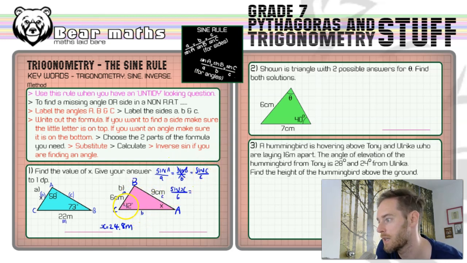So we're using C, we're going sine 42 over 9, because the angle there of C is 42 and the side length for little c is 9. Now all we've got to do here, two things left to do. We've got to go sine x equals sine 42 over 9 multiplied by 6, just multiply both sides of this equation by 6.